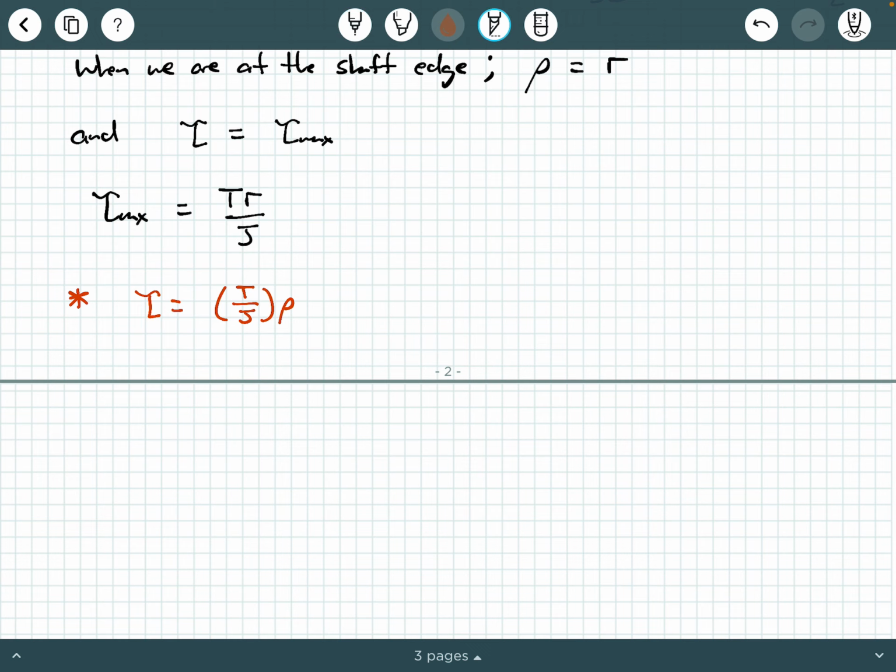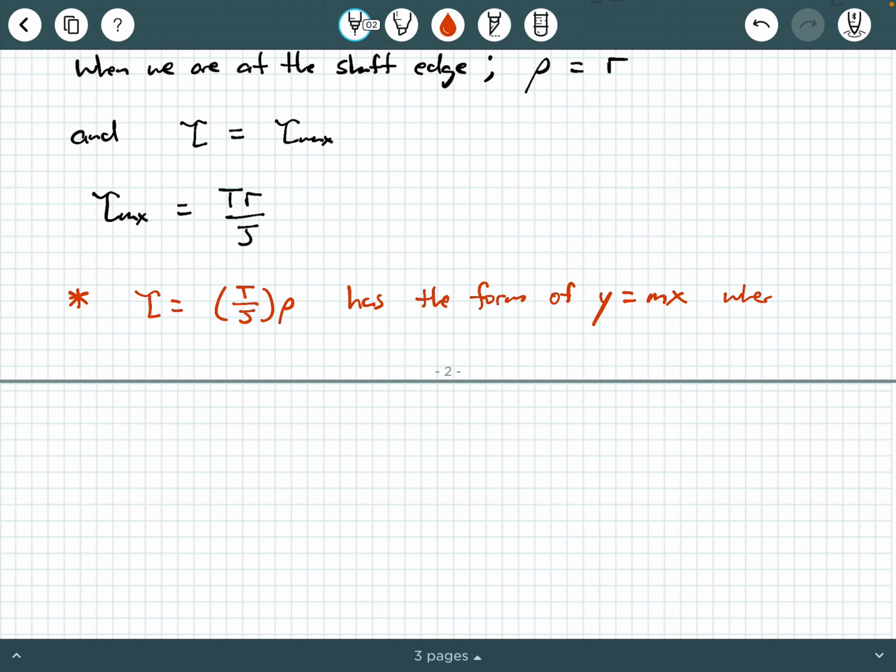Now, rho is a radial distance that we can treat as our independent variable, and then we can treat tau as our dependent variable. So we're going to say this formula has the form of y equals mx. Now that should be familiar to you. This is the form of a linear equation just with a 0 for the y-intercept.